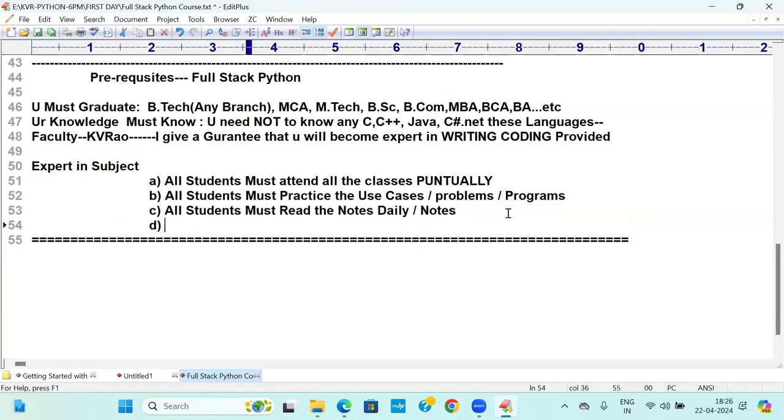And one more point I am adding: you must interact with me. Interact means you must respond in the class, which I am adding newly today. You have to speak so that you can improve your communication. If you sit like a statue, just looking at the screen, that's not correct.